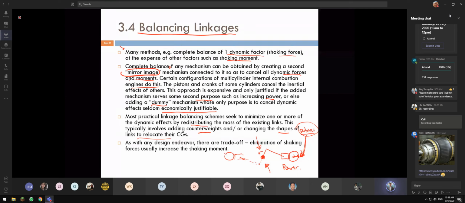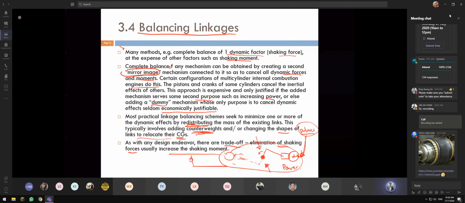As with any design endeavor, there are trade-offs. Eliminating shaking force will usually increase the shaking moment. What I mentioned here may not always be possible, so if we are not using this, we can use other things like counterweights or redistributing the mass in order to change its center of gravity.